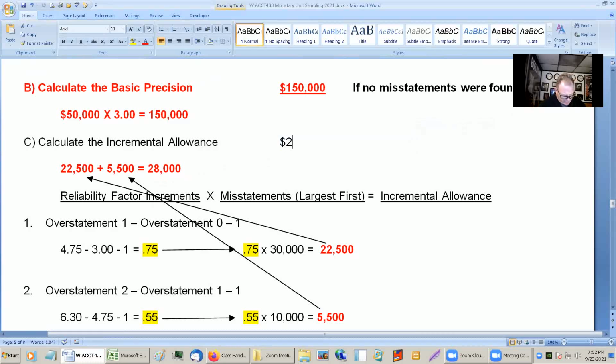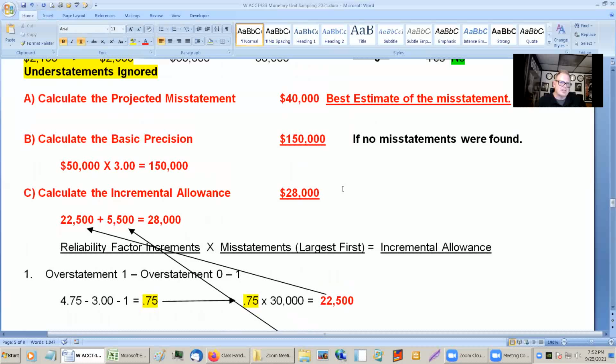And again, it could be off by that because of the size of the errors. If the errors were small, it would be a smaller amount. Or vice versa. If the errors were larger, it'd be a larger amount.